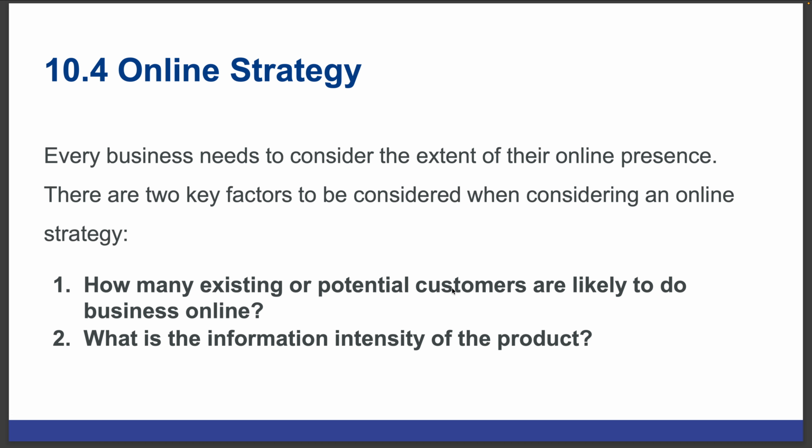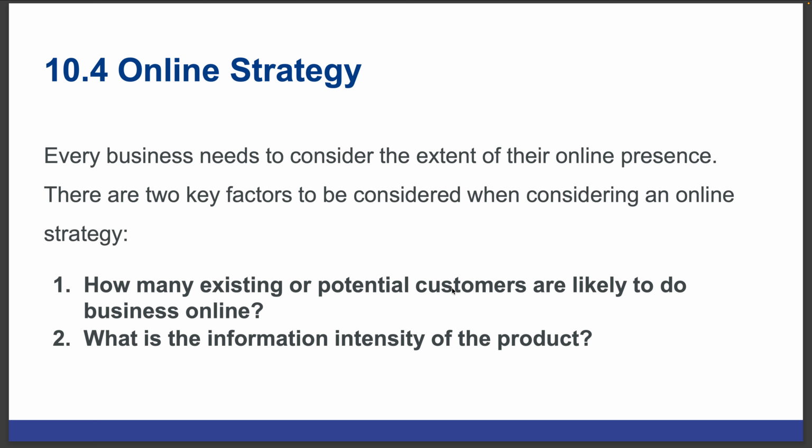So let's talk about a situation where both of these are low, that fewer customers are available online and the information intensity is also very low. Such businesses could be food and beverages, where the information intensity is very little and a significantly large number of people may not go to the web when they think about food.